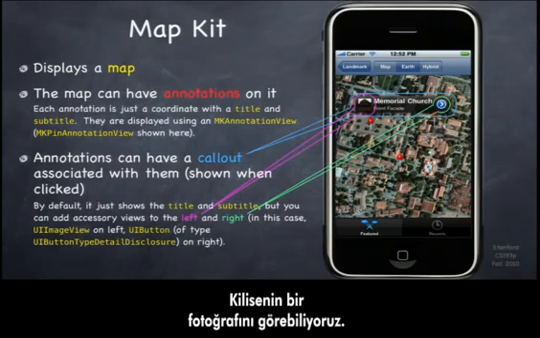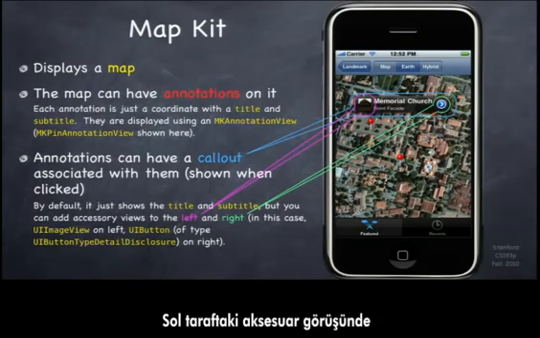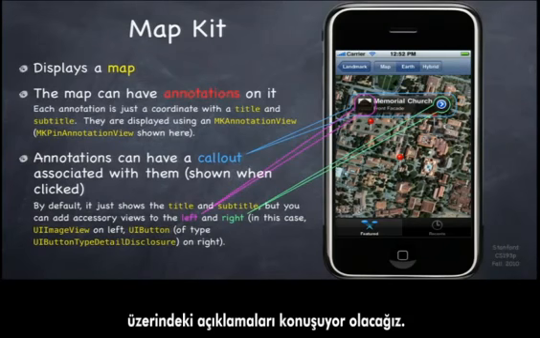There you see the picture of the church, the thumbnail image on the left, that's its left accessory view, and the little blue button on the right is its right accessory view. We're going to talk all about how we set all these things, but I just want to orient you. This is what we're talking about when we talk about annotations on a map view.